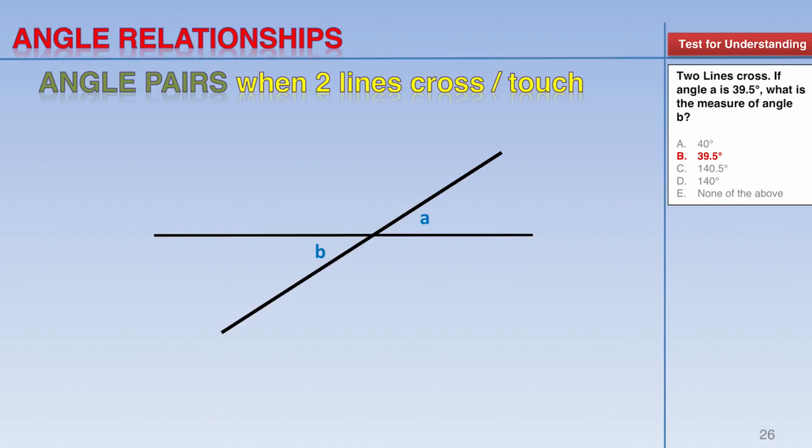And the answer is 39.5 degrees. If two lines cross and angle A is x plus 9.5 degrees, what is the measure of angle B? The measure of angle B is A, x plus 9.5 degrees.